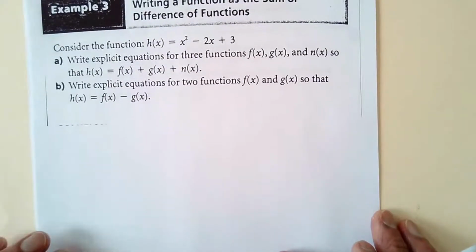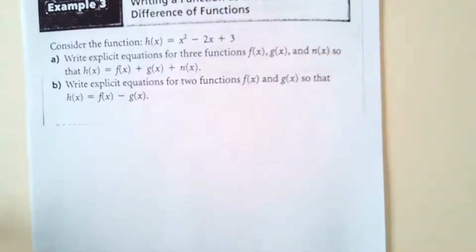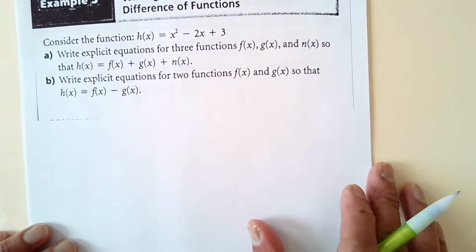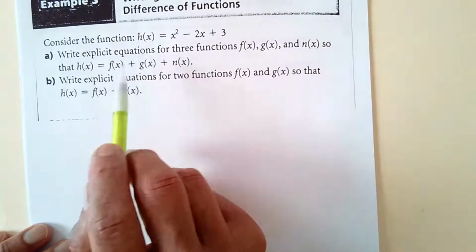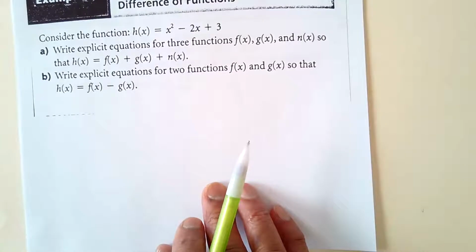Let's look at the third example. In the third example, we have to consider the function x squared minus 2x plus 3, and we are to write an explicit equation for three functions f of x, g of x, and n of x, so that h of x is equal to f of x plus g of x plus n of x.